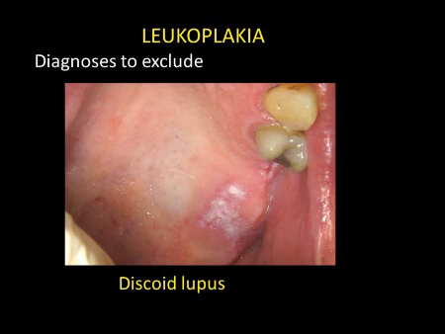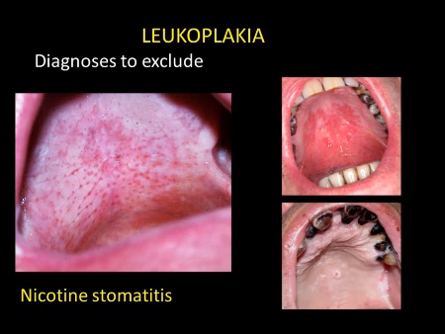Nicotine stomatitis is specifically a lesion of the palatine vault that is caused by smoking tobacco and by the heat that results from tobacco use. This lesion manifests as a punctiform erythema linked to inflammation of the ducts of the minor salivary glands.